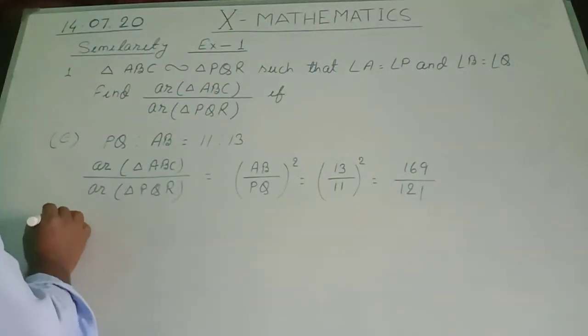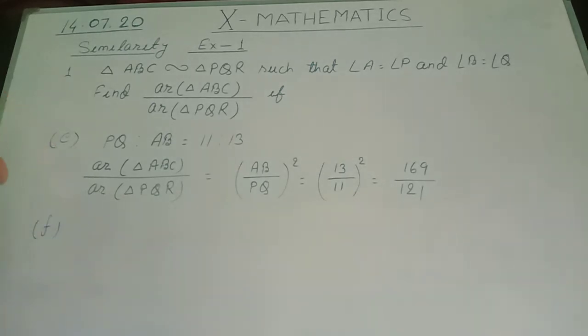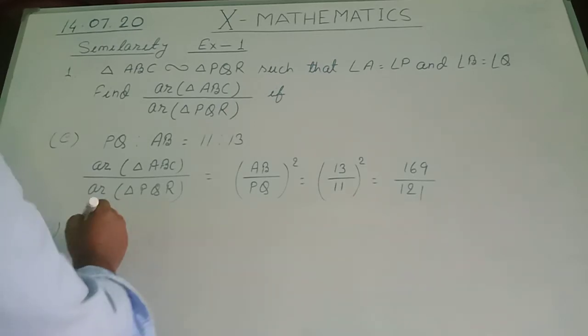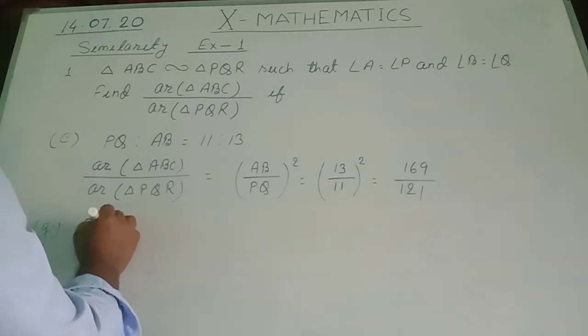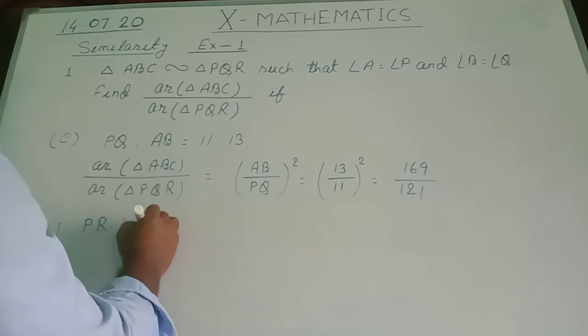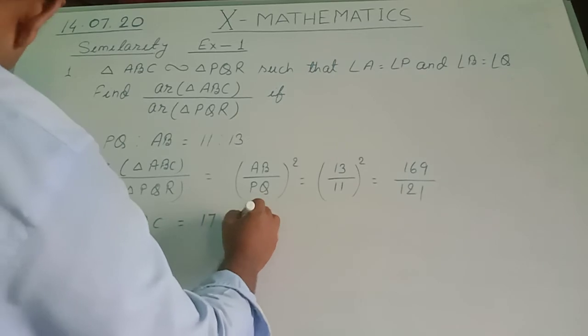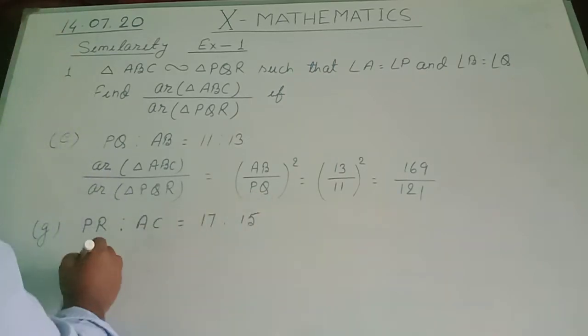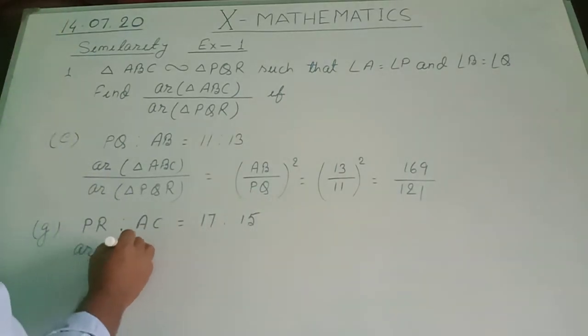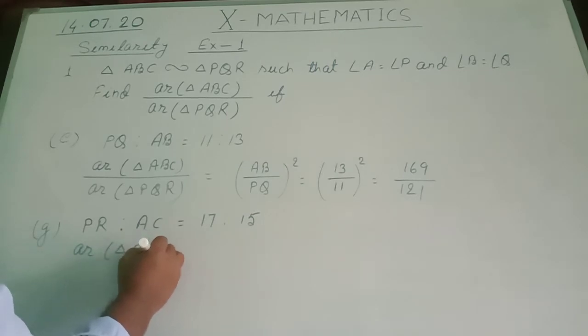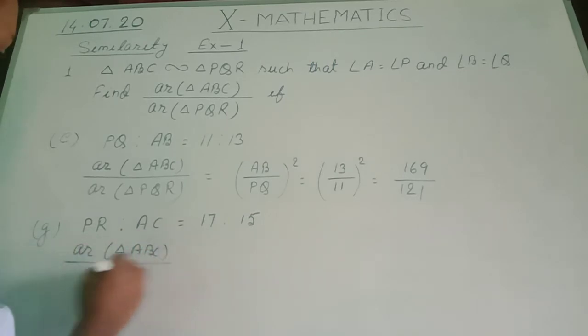We come to question number G. In question number G, we have PR is to AC equal to 17:15, and we are asked to find the area of triangle ABC by area of triangle PQR.